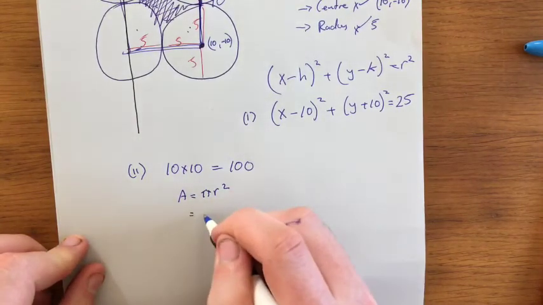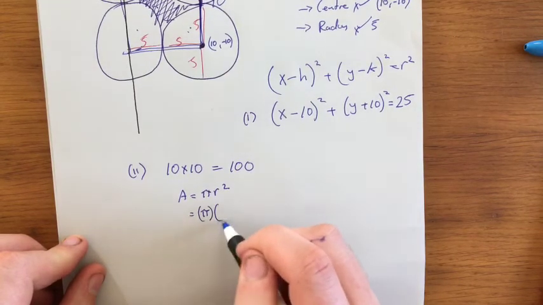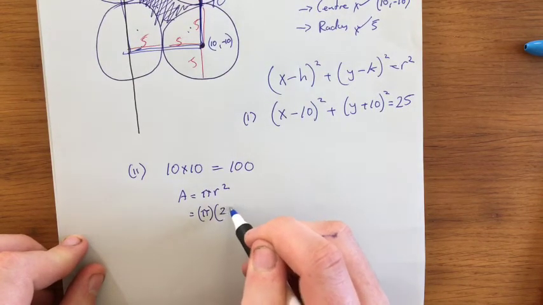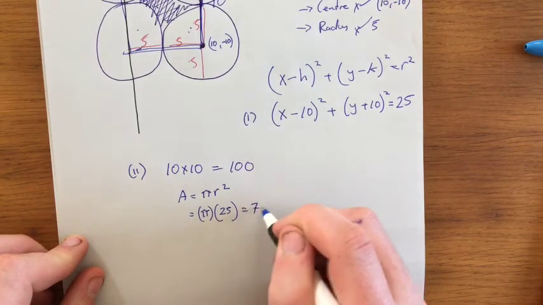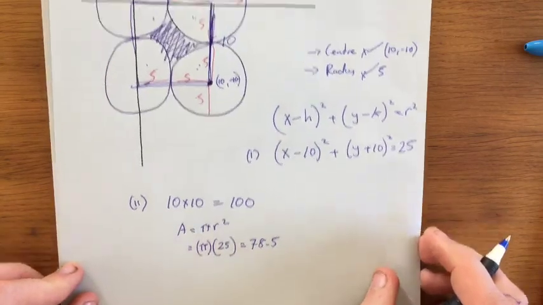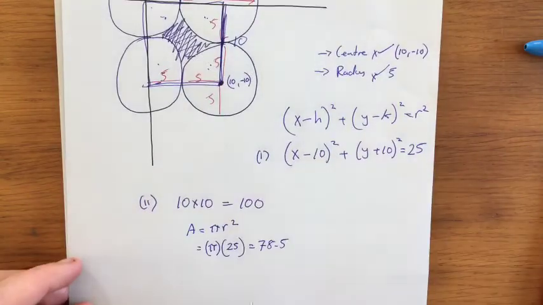So to find the area then, that's going to be pi, or you could write 3.14, it doesn't matter, multiplied by the radius squared, which is 25. And the answer to that is 78.5. So the area of all of these white parts is going to be 78.5.